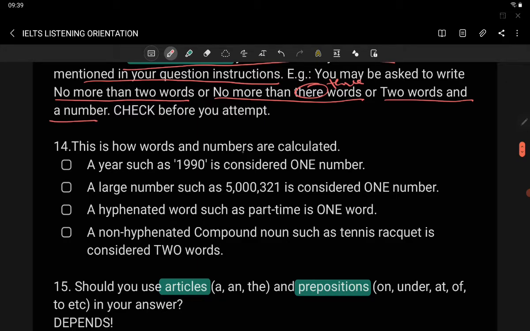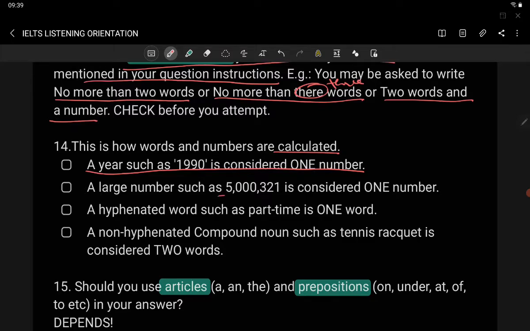So this is how your words and numbers are calculated. What do you consider one word or one number? Normal things we already know. 1 is a number, 2 is a number. But what if you get a big number or a hyphenated word? So a year such as 1990 is considered one number. This is not 4 numbers.